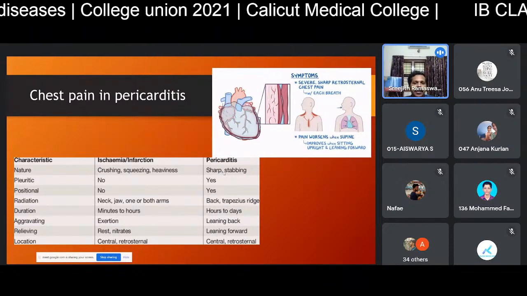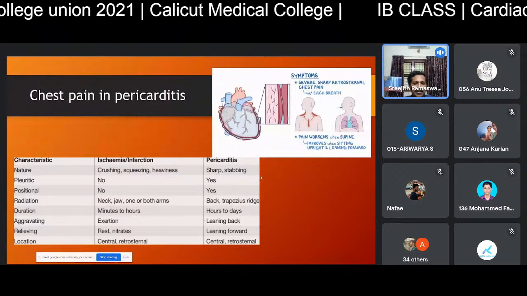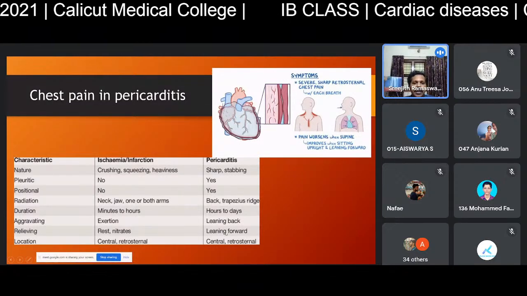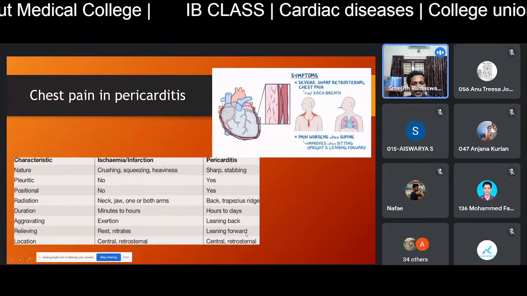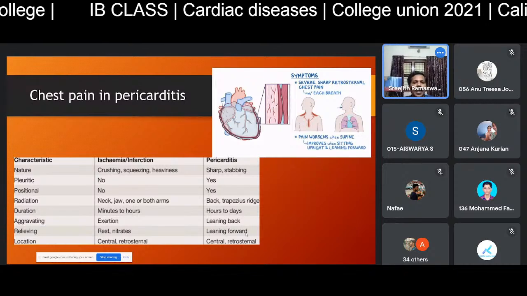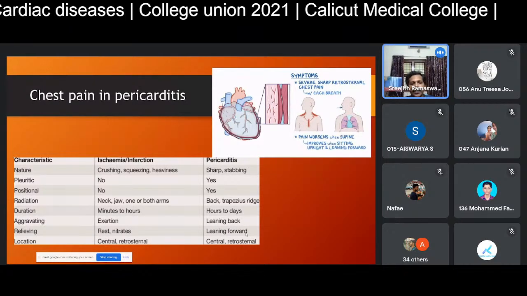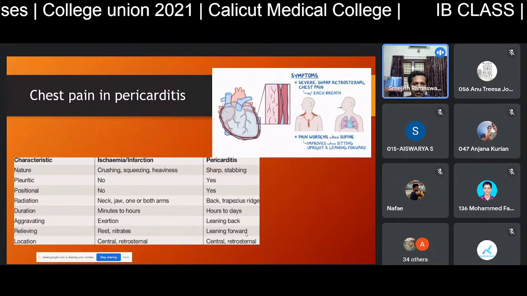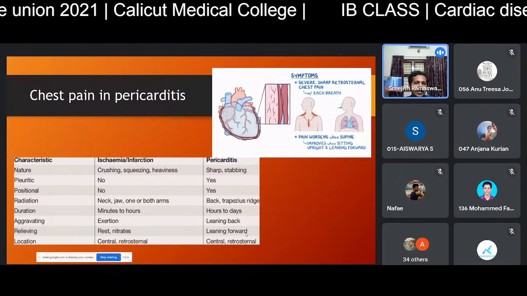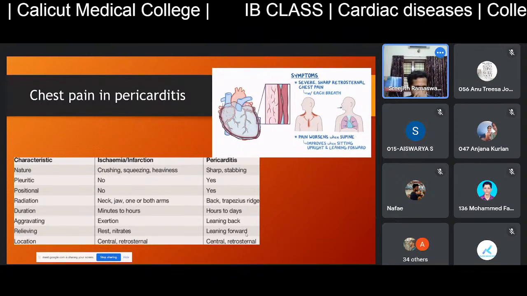The characteristic feature is that it is relieved on sitting and leaning forward. So if the pain is aggravated in the supine position, and relieved on sitting and leaning forward, this is characteristic of a pericardial pain compared to a myocardial infarction. This postural change is very important in pericarditis.